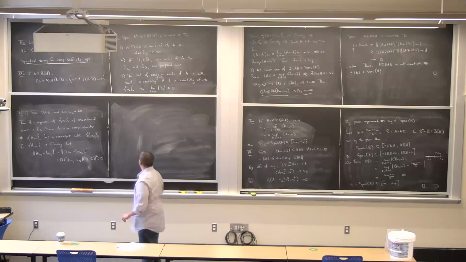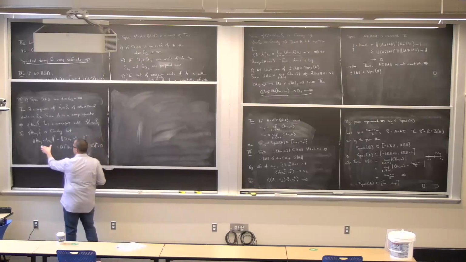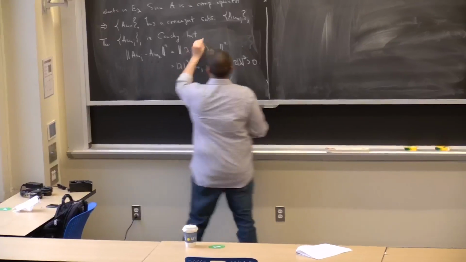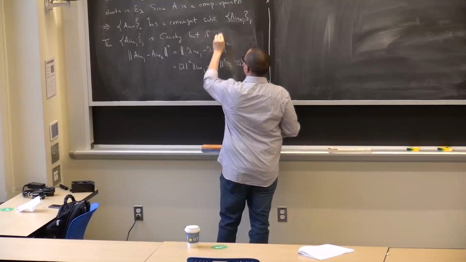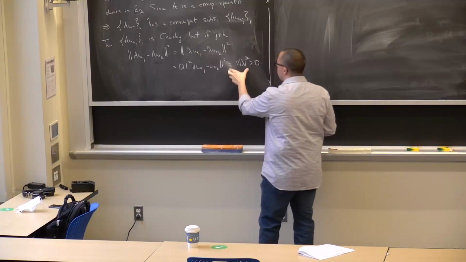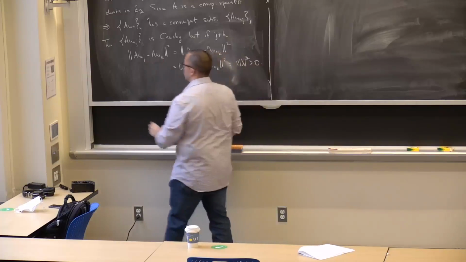So if I take any two elements in this subsequence, their distance is a constant equal to 2 times lambda squared. And therefore, this is not Cauchy, which is a contradiction.